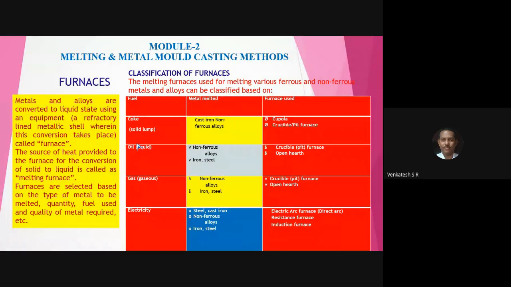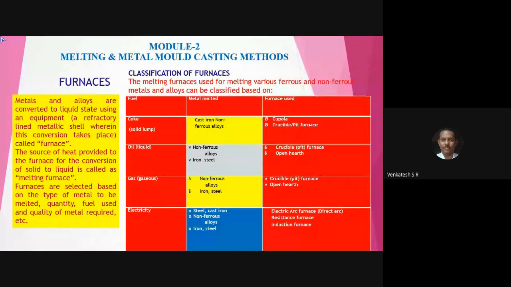Good morning, everybody. Last class, we discussed the melting furnaces used in melting of ferrous and non-ferrous metals. You already have the melting furnaces used for different metals. They depend on the type of fuel used, the type of metal melted, and the type of furnace used.